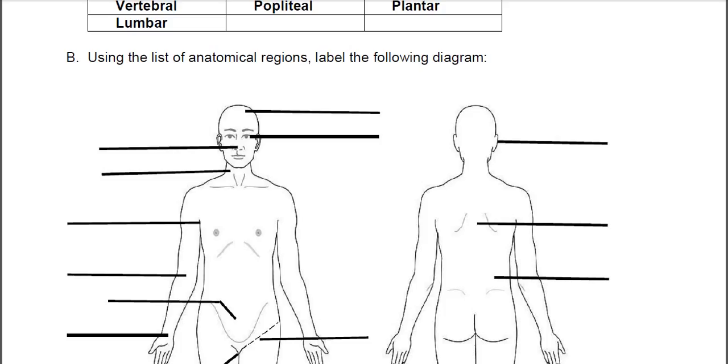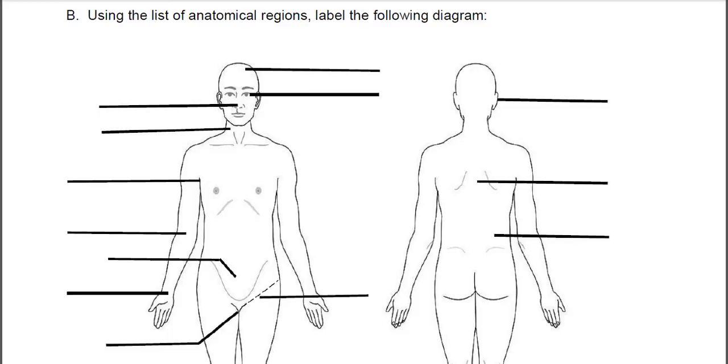Looking on the back side, here we're looking at the ear. The ear is the otic region. This line is pointing to the spine between the shoulder blades. Because it is the spine between the shoulder blades, it's the vertebral region. This is very, very close to the scapular region, which would be the shoulder blades.